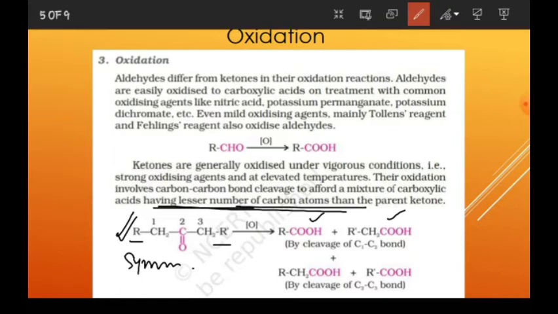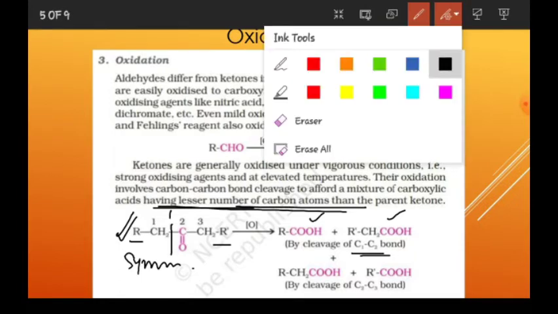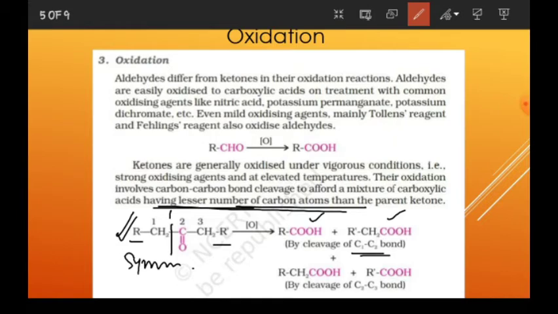And what we can do, we can break the bond by cleavage of the C1-C2 bond, or we can break the bond here, the second one, C2-C3. If this R is the same, that is, if we are talking about a symmetrical ketone, then we will get the same product.